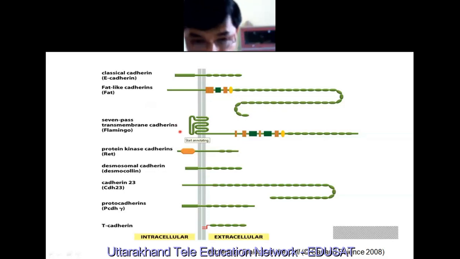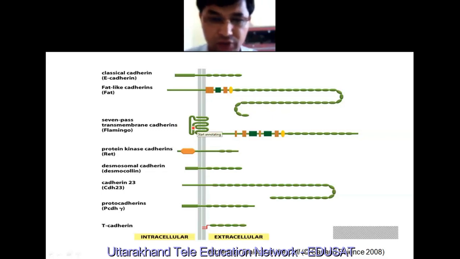Drosophila is a dipteran insect, and these are the epithelial growth and cell polarity products, flamingo and fat. These classical and non-classical cadherin molecules form the cadherin superfamily.